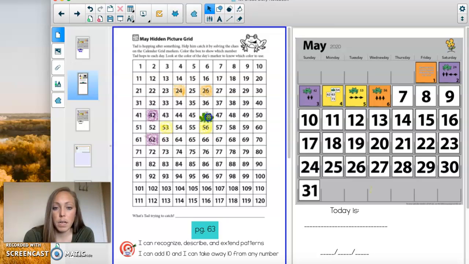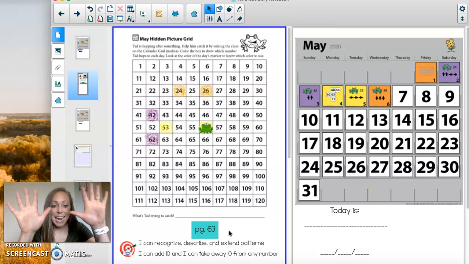When Tad hops up the chart, the numbers get smaller. Every time he takes 1 hop up, how much smaller is the number getting? Think about our target. I can add 10 and I can take away 10 from any number. The number is getting smaller by 10.